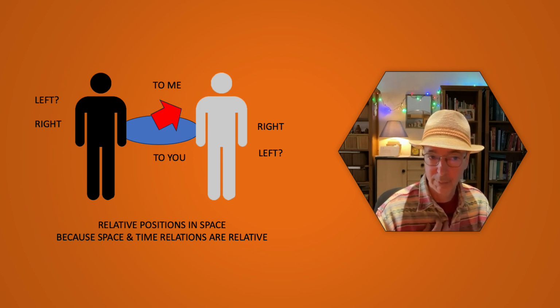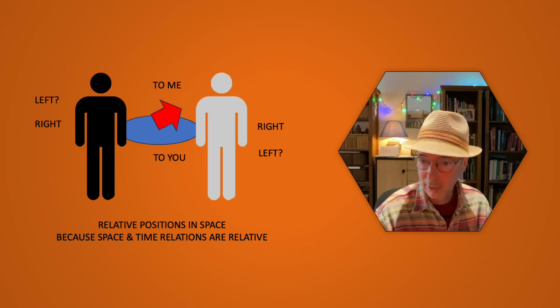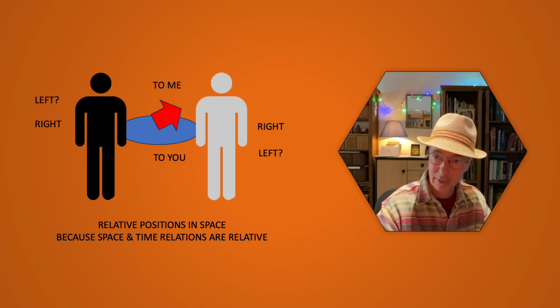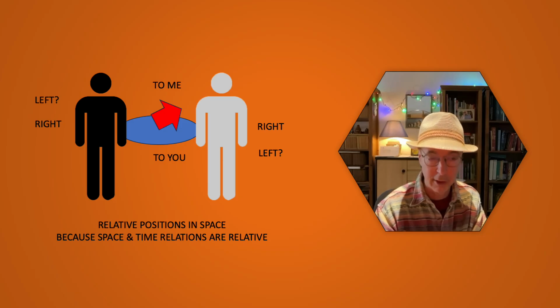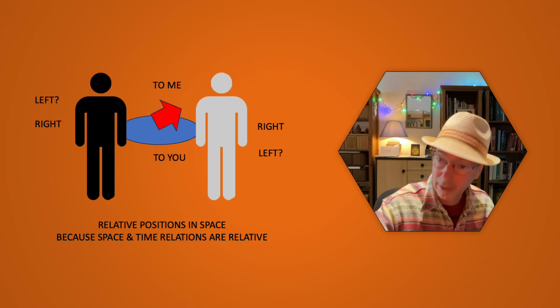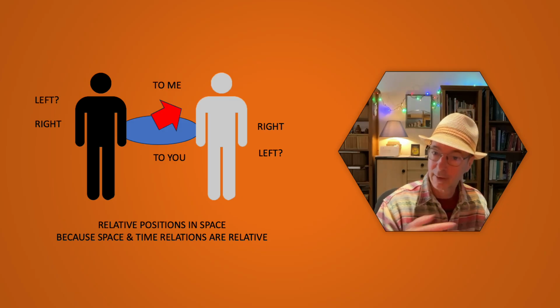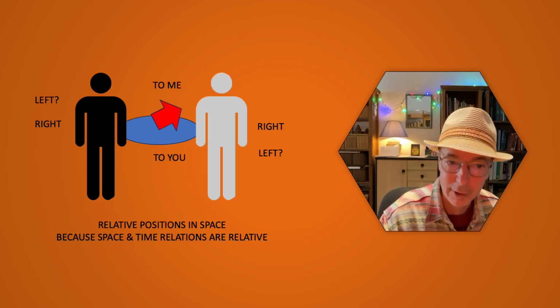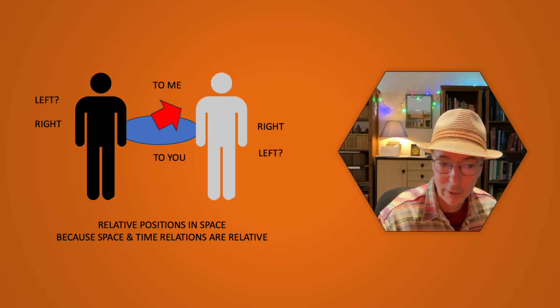With directions it's the same thing: how it is perceived when something is going towards me from a common position. For the other person, it is shown as going towards the other person, towards me. For the other person, it is towards you. So all these positions are relative depending on where you stand. And I already had one example.